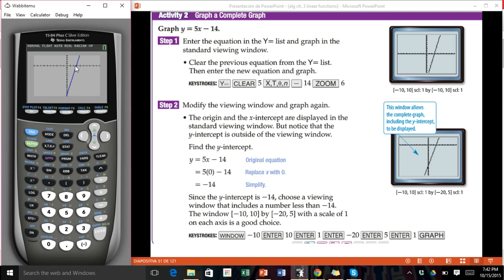Sometimes you might have to play around. I mean, if you really want to get a bit closer on this, we could maybe adjust it and say maybe -20, and we'll get an even better view of it. But you just kind of play back and forth with the different values of the window. See, that looks like a better graph to me.